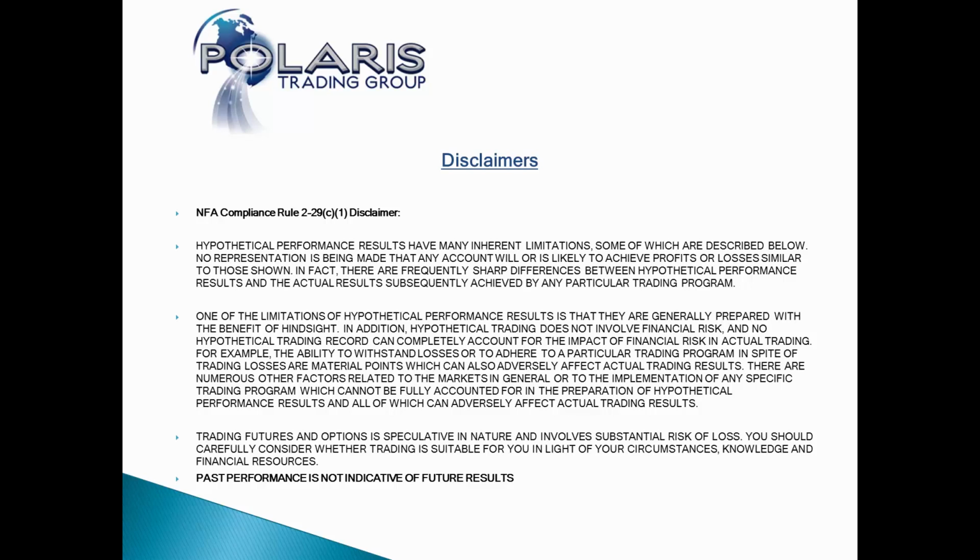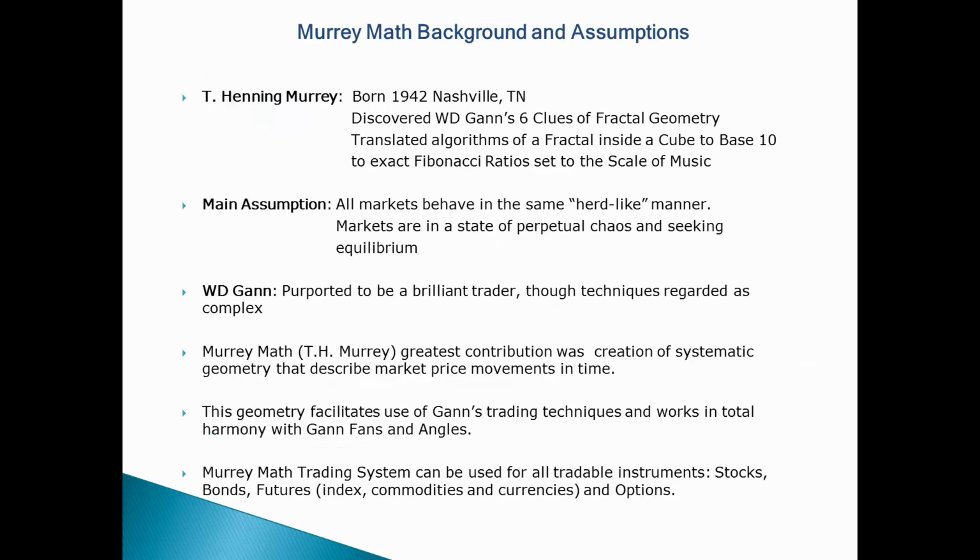Past performance is not indicative of future results. So we're not going to take everything you'll see in our presentation today as gospel. We know there are limitations to everything we work with, but we work within those limitations, and we can succeed at our objectives.